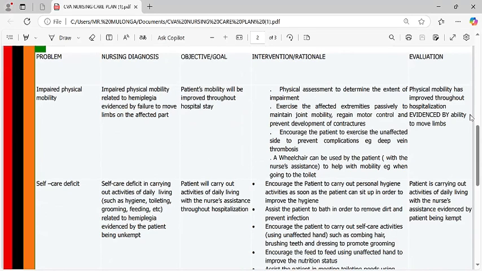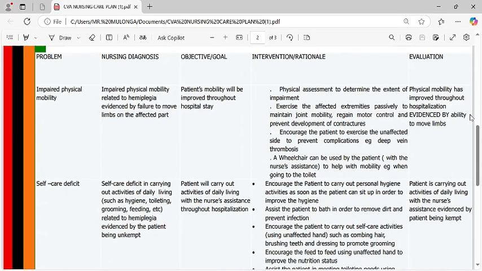It is very important that the patient exercises the other limb, or the other limbs that may not be affected, so that they may not develop complications.